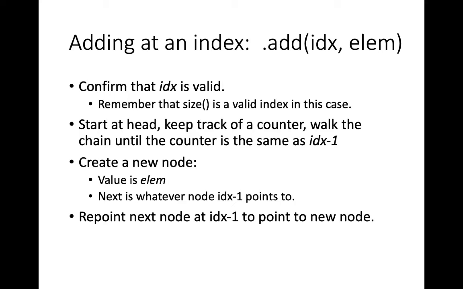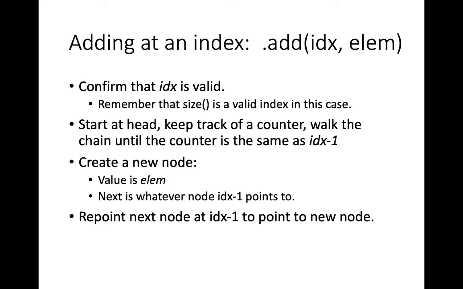Right. Step 1 is pretty much the same. Confirm that the index value you're trying to add this element at is valid. Now, adding at a particular index number is slightly different in terms of which index numbers are valid. When I retrieve or when I remove something, I can only use the index values from 0 to size minus 1, because those are the valid index values for retrieving or removing a particular element.